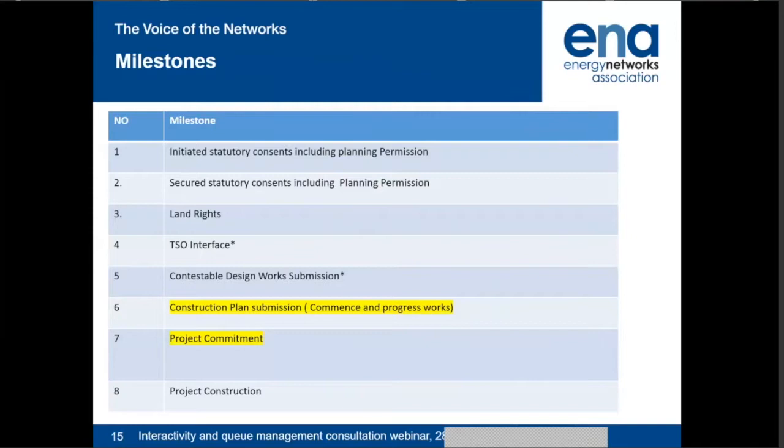The second change is more material in that we're introducing a single new milestone called Project Commitment.